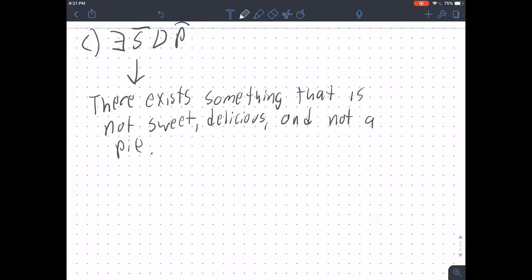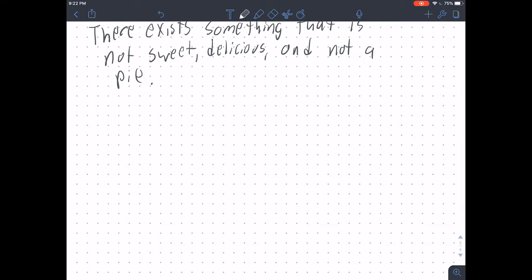Or maybe a little better, some non-sweet, delicious things are not pies. We have reached the point where you will get some of these sentences that, if you try to make them into a pleasant sounding English sentence, you're going to want to smash your head into a wall.